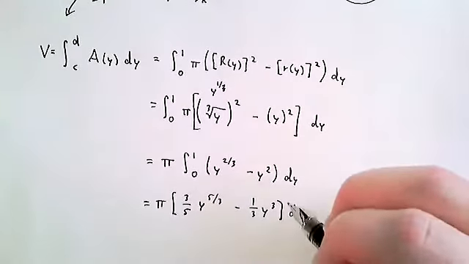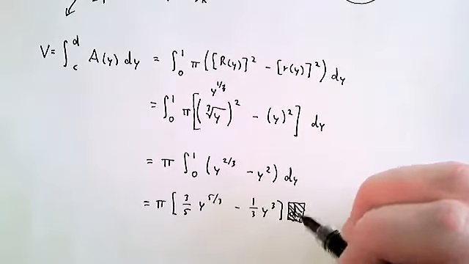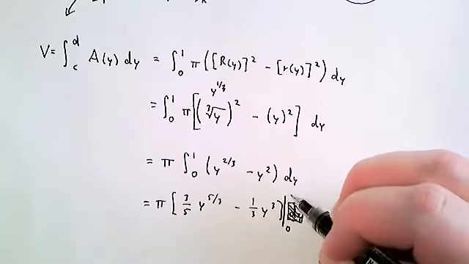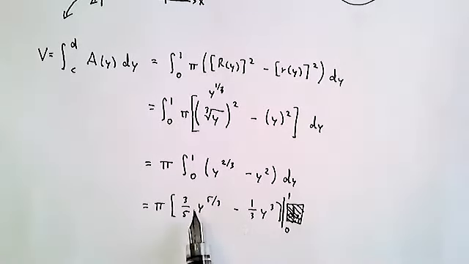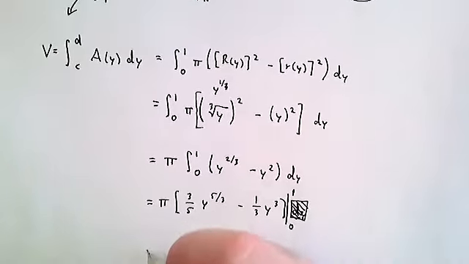Oops, not dy. Now we need the vertical slash notation, 0 to 1. When we plug in 0 into this, we're just going to get 0 here and 0 there. So we don't have to worry about that one. We'll just plug in 1.